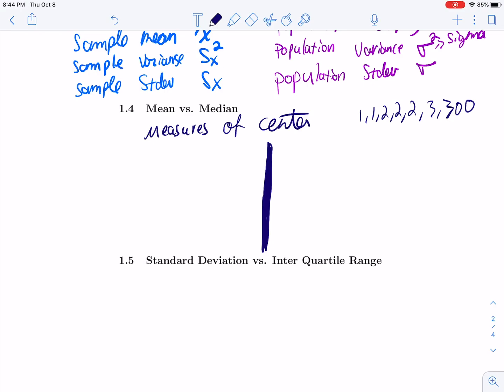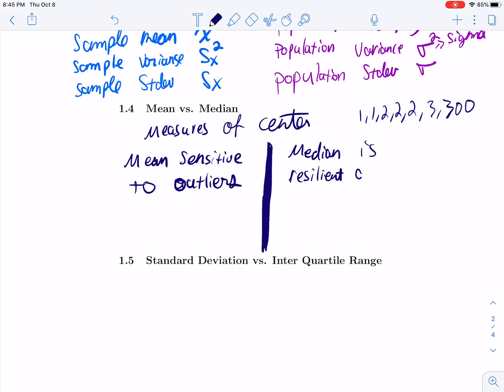The mean is like 44 and change. So the mean is sensitive to outliers, where the median, we say, is resilient against outliers.